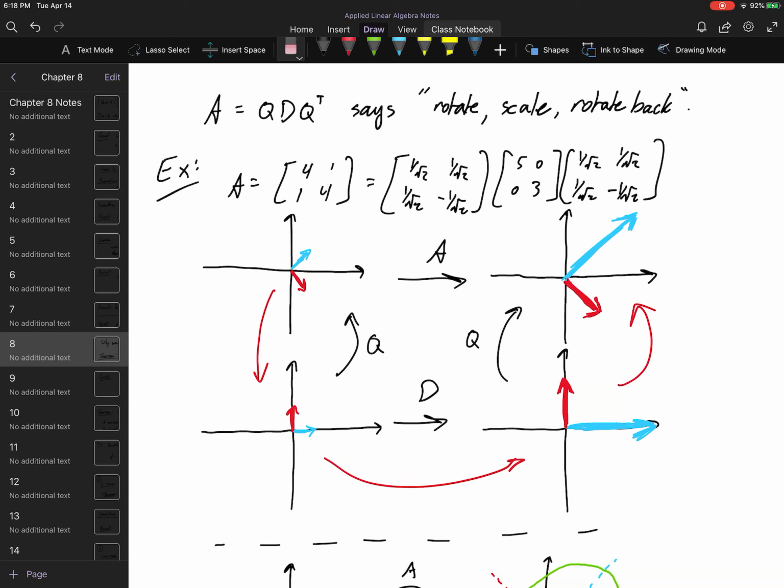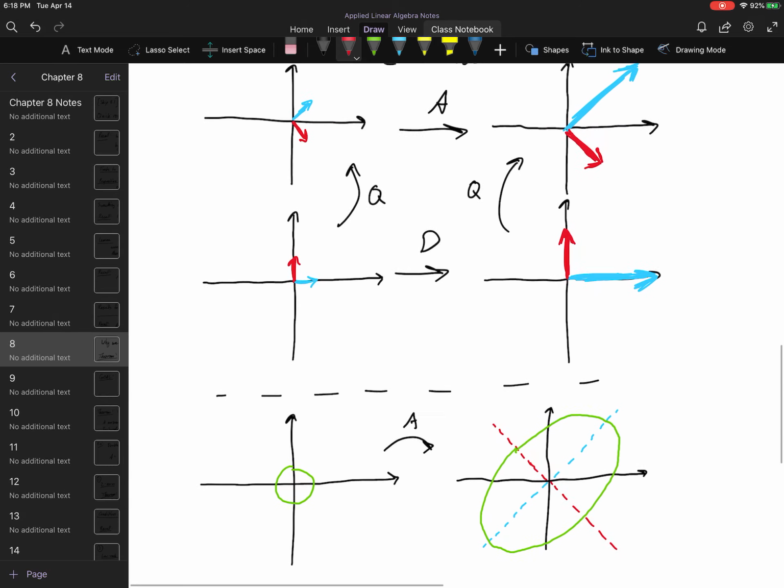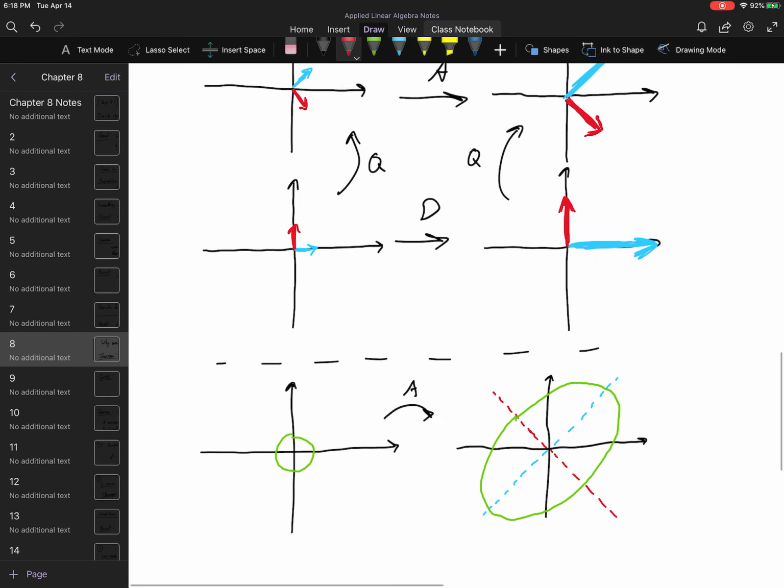Okay? So technically, I suppose that's Q transpose D Q. Very, very technically. But again, it's a matter of perspective, which vector you take to be the coordinates and which ones you take to be the inverse transformation.